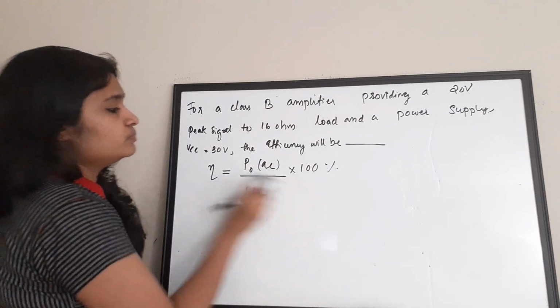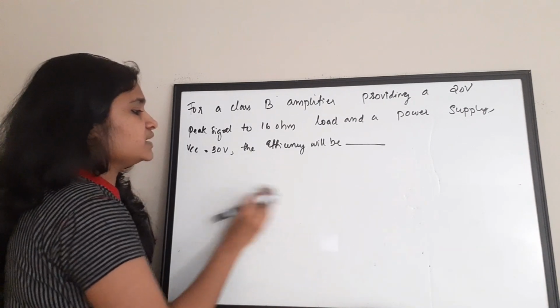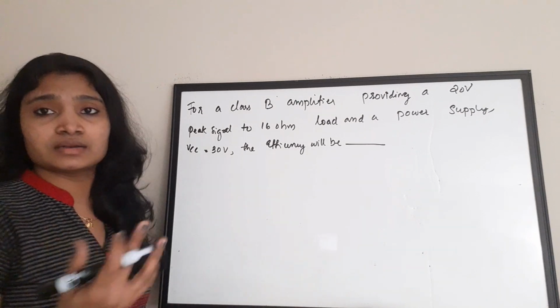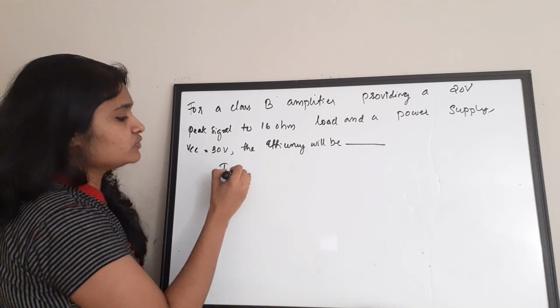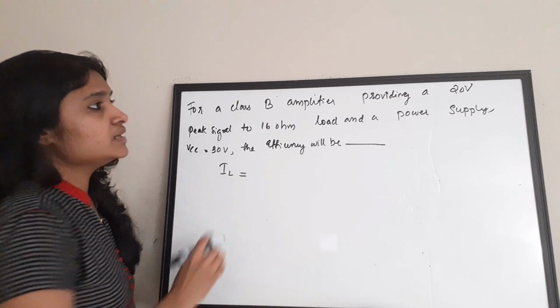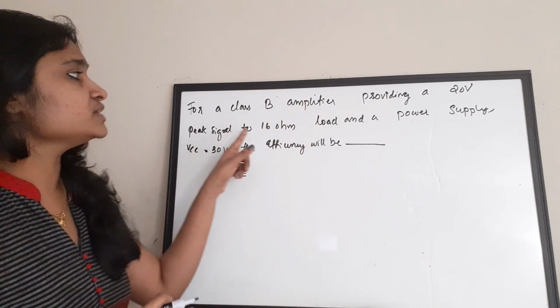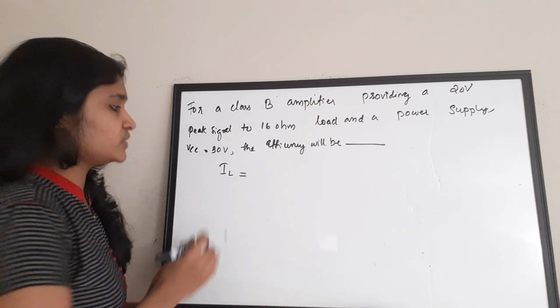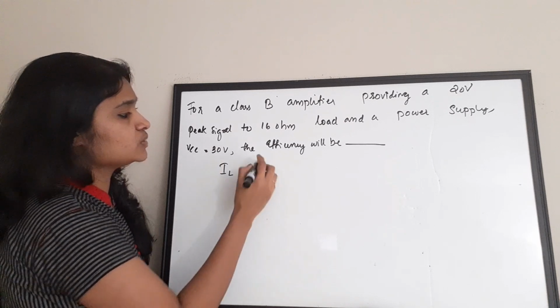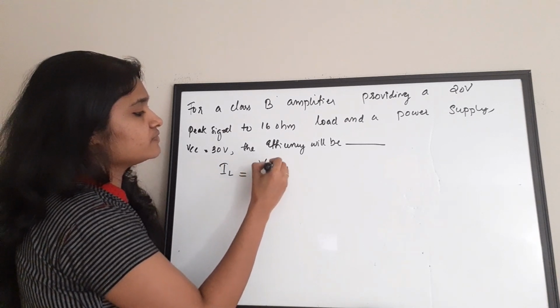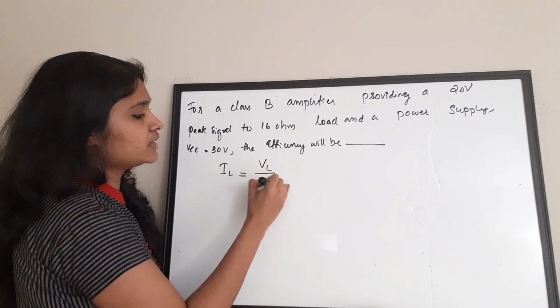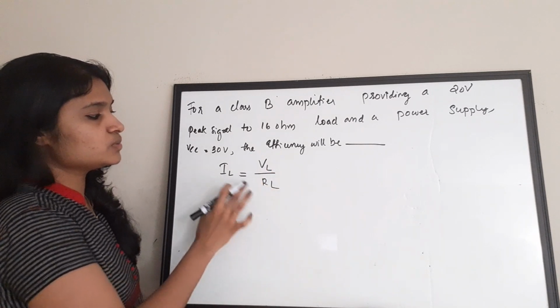Before finding the power, let's find the values of voltages and currents. What is the value of the load current? It is providing a 20 volt peak signal to a 16 ohm load. So from this we can find IL, that is VL by RL, right? VL is equal to IL into RL.